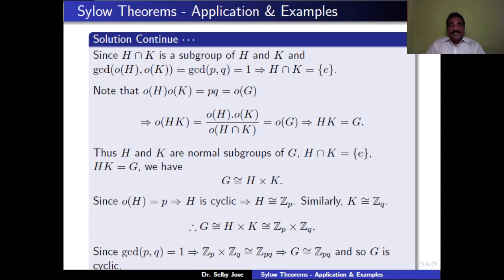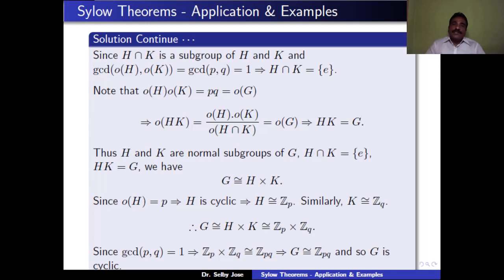Since the order of H is P and P is prime, and we know that any group of prime order is cyclic, H is cyclic, and since the order of H is P, H is isomorphic to ZP. Similarly, K is isomorphic to ZQ. Therefore, G is isomorphic to H cross K, which is isomorphic to ZP cross ZQ.